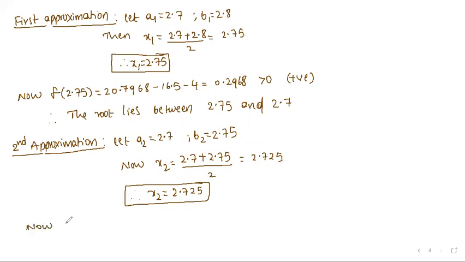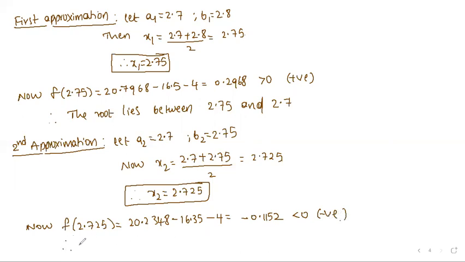Now, f of 2.725, that is equal to 20.2348 minus 16.35 minus 4 minus 0.1152 less than 0 అంటే నెగటివ్.